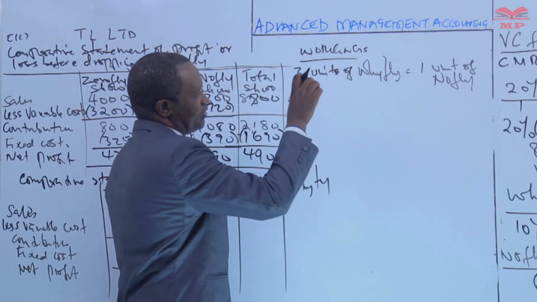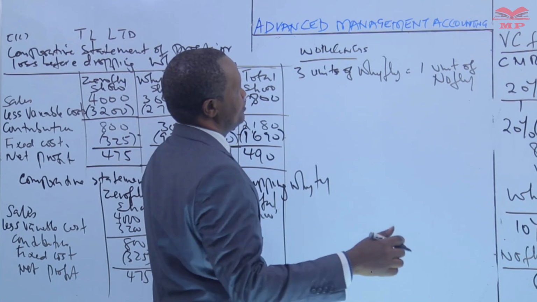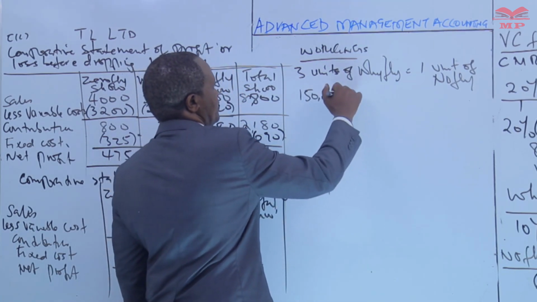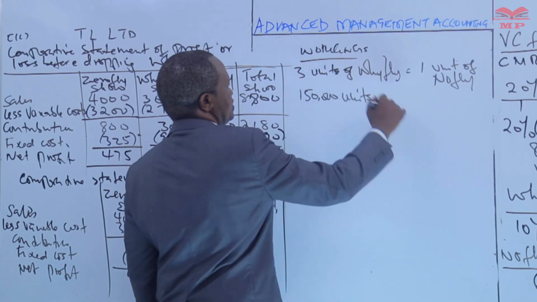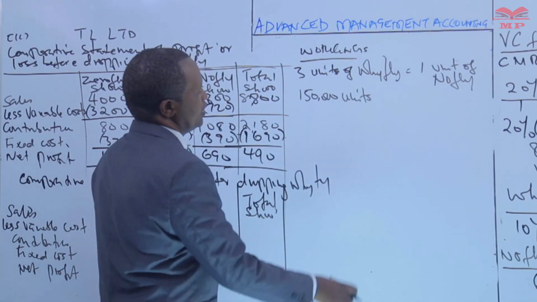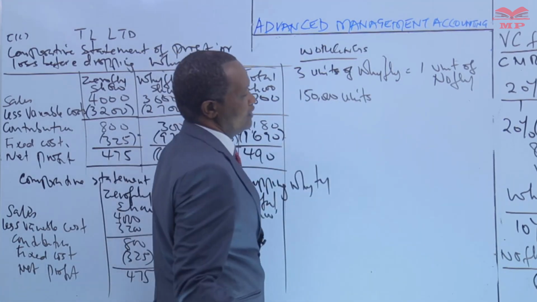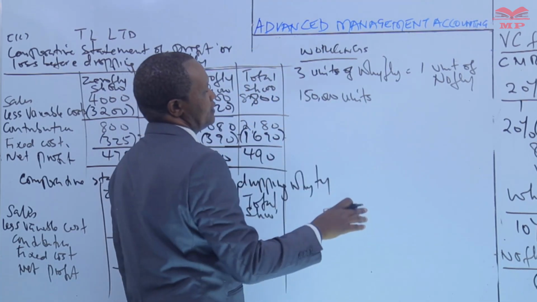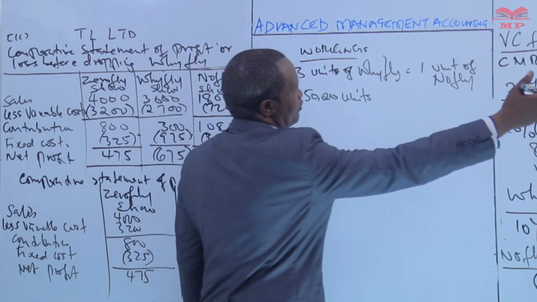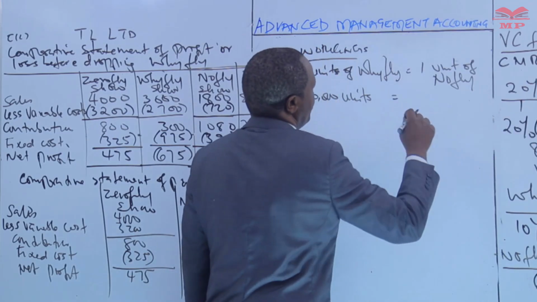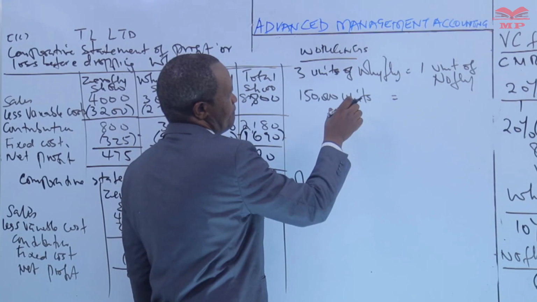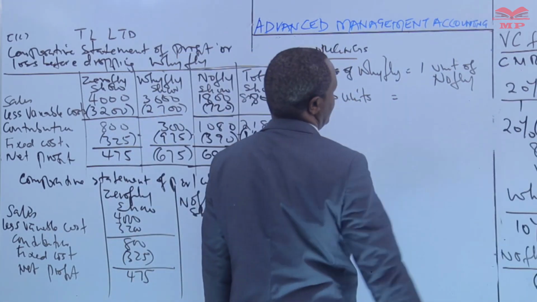These workers in Y-fly have been producing 150,000 units. If they have been producing 150,000 units in Y-fly, and 3 units of Y-fly equal 1 unit of no-fly, how many units will these workers produce in no-fly?